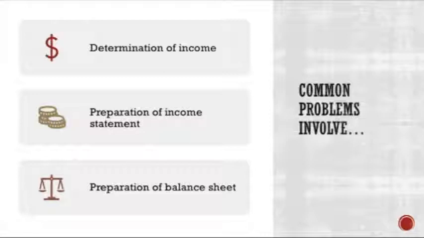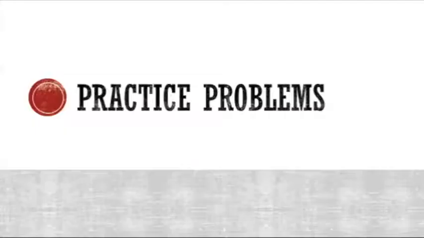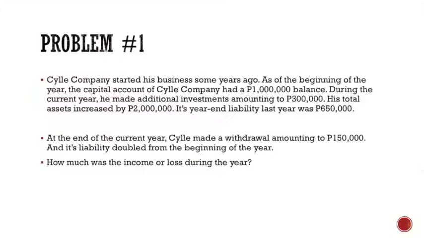Better yet, the statement of changes in owner's equity and the statement of retained earnings. For the practice problems, we will limit ourselves to four common problems due to limitation of time provided in Facebook, or I'm sorry, in YouTube.